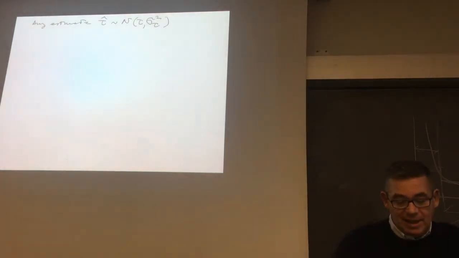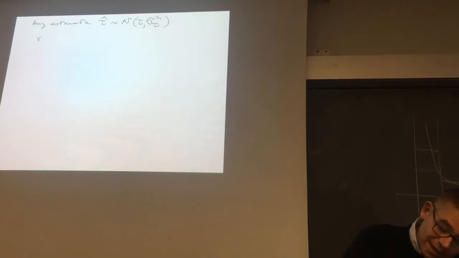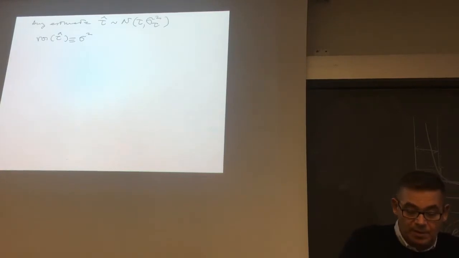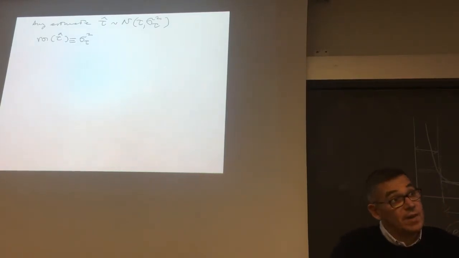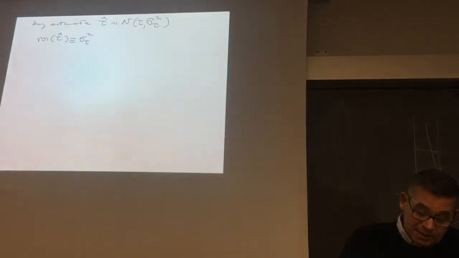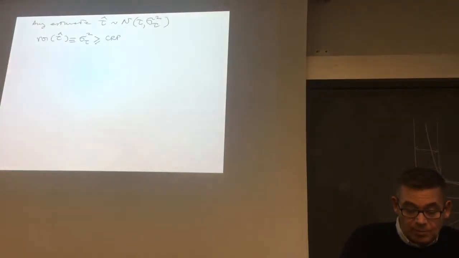Since any estimate is distributed like that, I know that the variance of tau hat, which is sigma tau squared, is lower limited by the Cramér-Rao bound on tau.